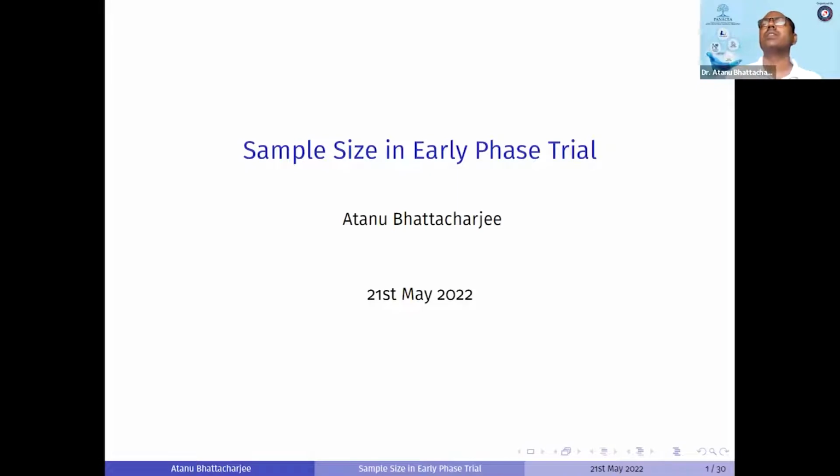Now let's come to phase 1 to phase 3. As these phases are separated, the way of handling the data, the way of conducting the study, and the sample size calculation scenarios keep changing. I'm going to talk about phase 1 first, and sometimes touch on phase 2 as well, because phase 1 and phase 2 are sometimes called early phase trials.